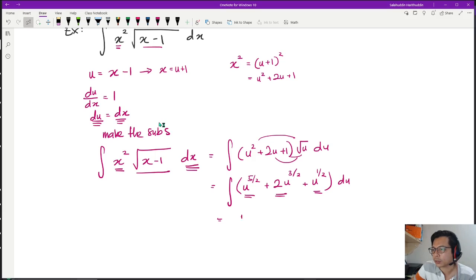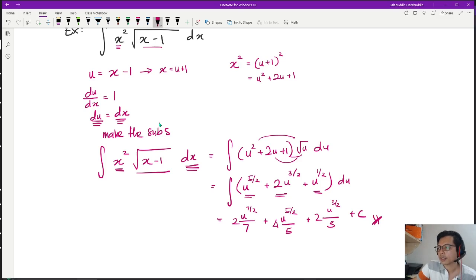So that will be equal to u to the 7/2 over 7/2, plus u to the 5/2, and because we got this nasty 5 there, 5 over 2 times 2 is 4, plus this one is easy, it's just u to the 3/2, 3 up here, 2 down here, plus C. All right, so that is something really cool.